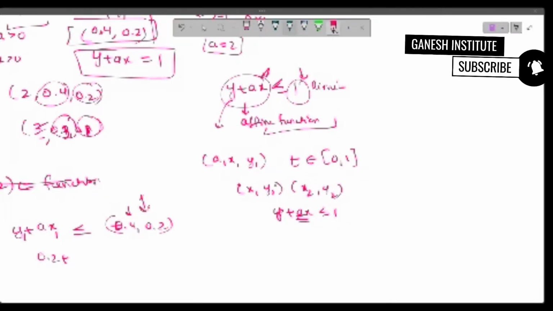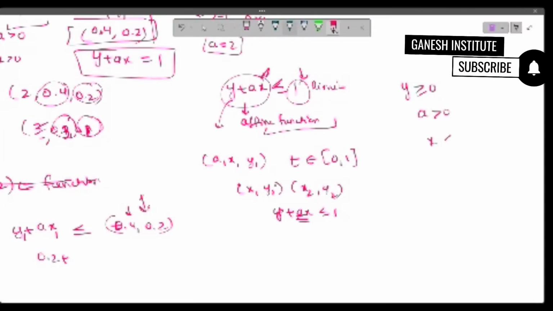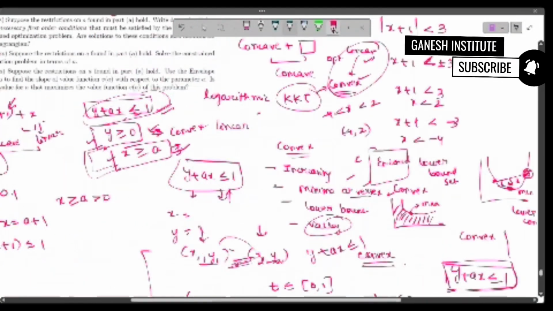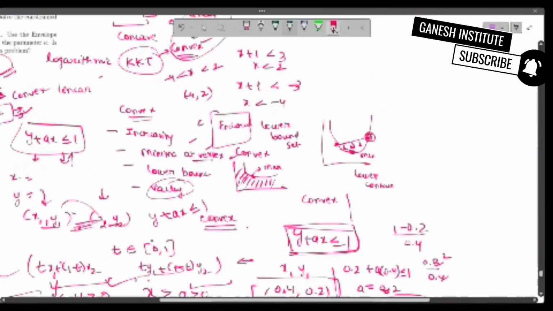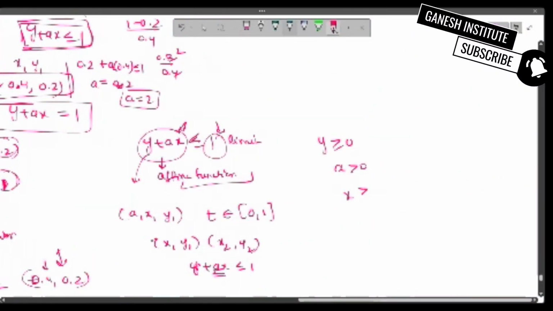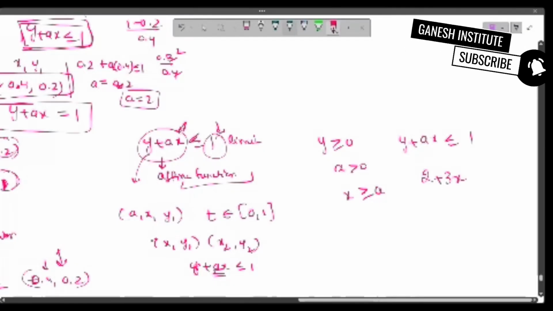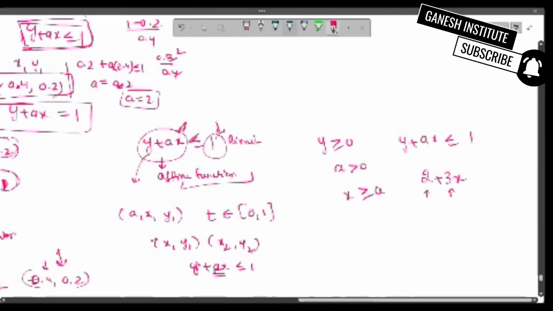Okay, let's say you have, what is the condition? y has to be greater than 0, a is greater than 0, x is less than or equal to a, x is greater than or equal to a. Now see, instead of this, if I have 2 plus 3x, can I have it? y is greater than 0, a is greater than 0.